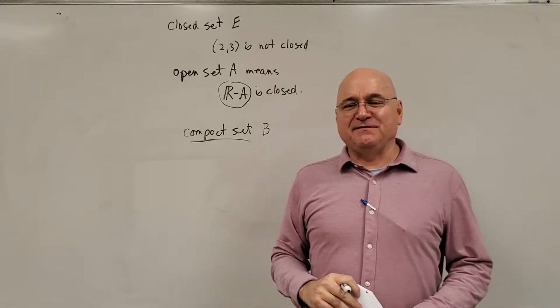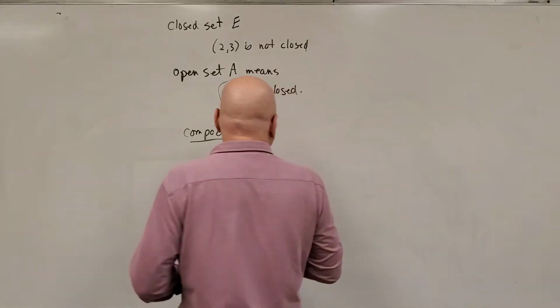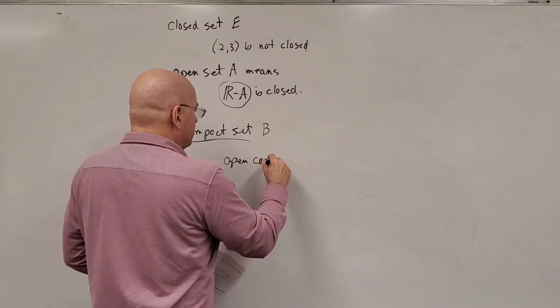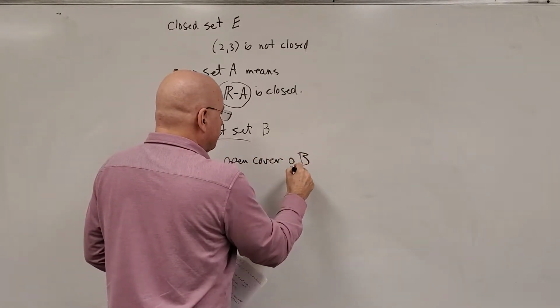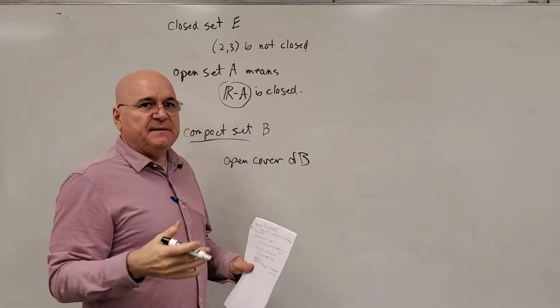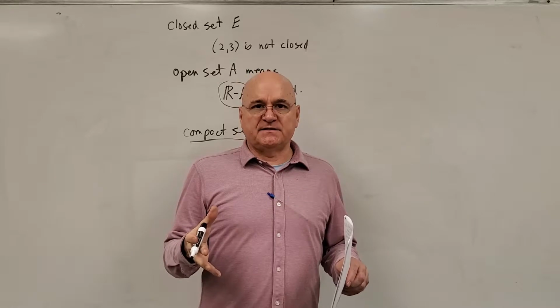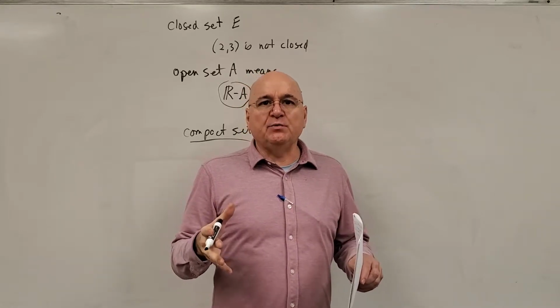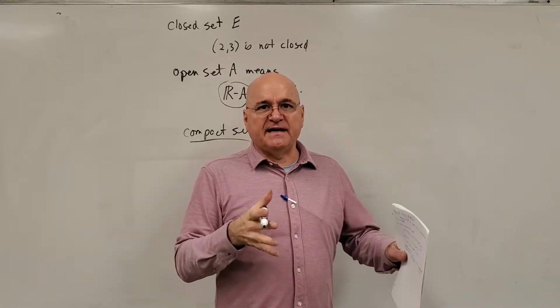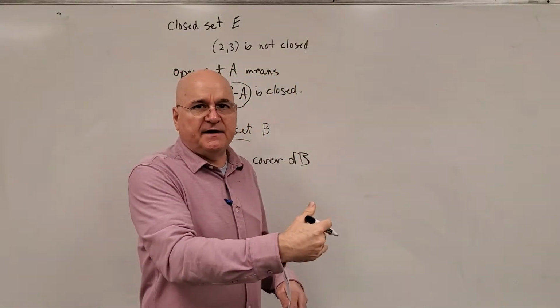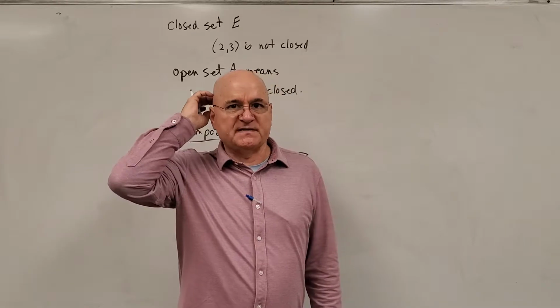So let's review what that means. An open cover of B would simply be any collection of open sets whose union, when you union them all together, contains B. So B would be a subset of the union of those open sets.